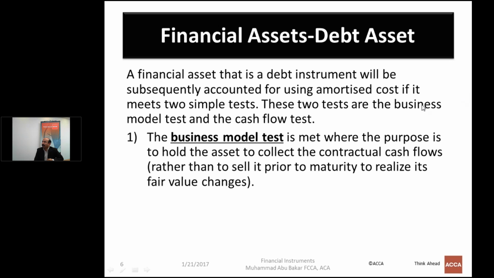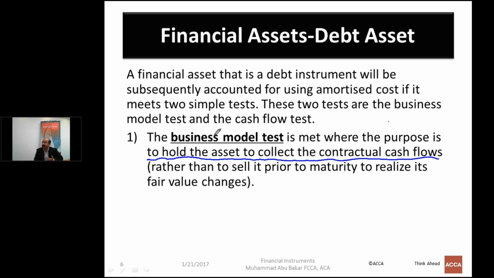Very simple. Though we shall be exploring this aspect to some extent, please underline this. Whatever contractual cash flows are attached to that debt asset, what are those? Normally principal and or interest. These are the contractual cash flows.